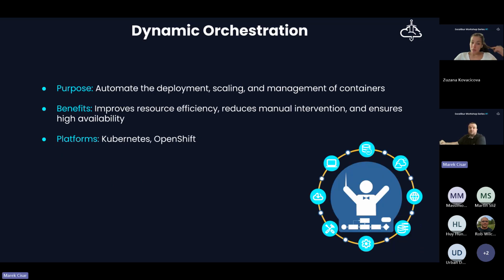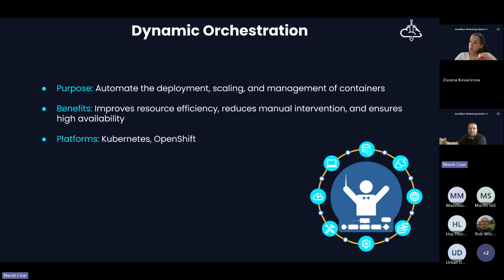Another advantage of cloud native applications is dynamic orchestration. I was talking a little bit about the deployment, but now imagine a situation where you need to manage hundreds or thousands of containers manually. It's almost an impossible job.